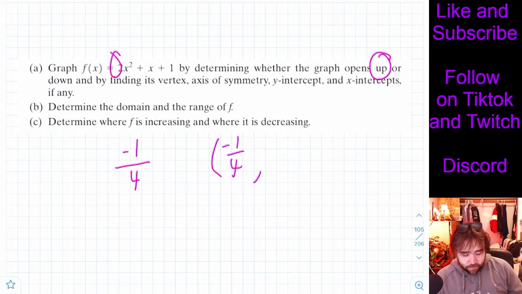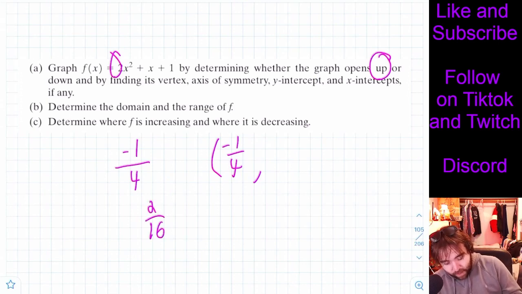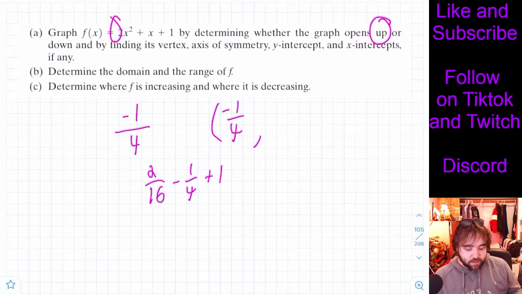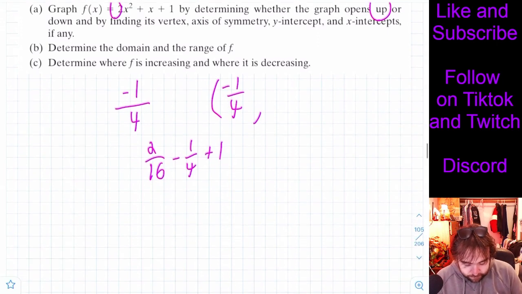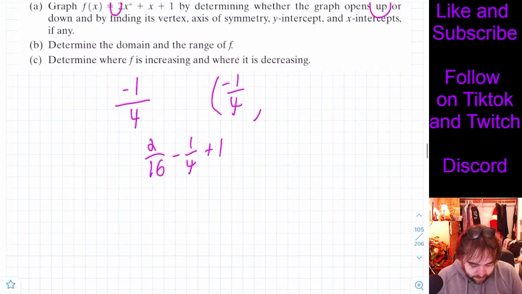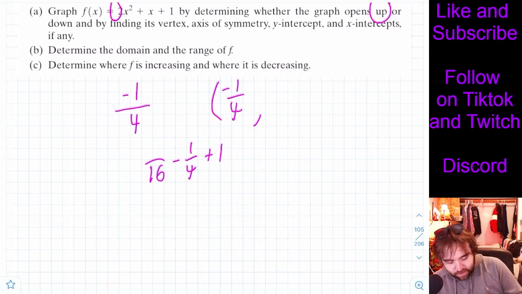Just be very careful. So negative, well, positive because it's squared. So 2/16 minus 1/4 plus 1. Okay? So we can't just multiply because it would change the answer. We've got to find a common denominator, actually, of 8, it would seem, since we can simplify that.